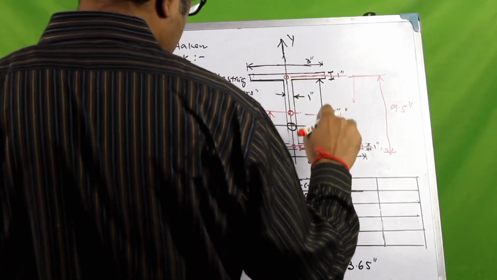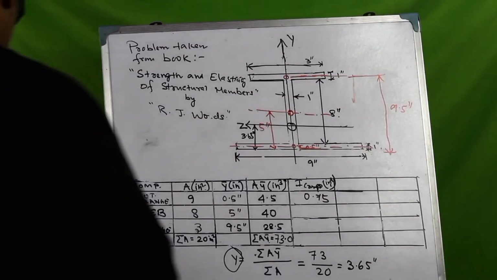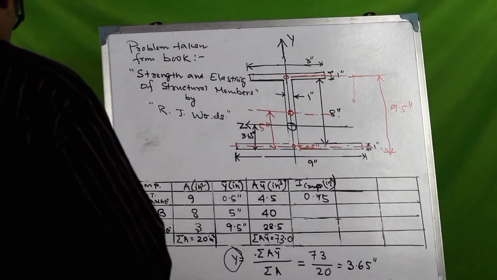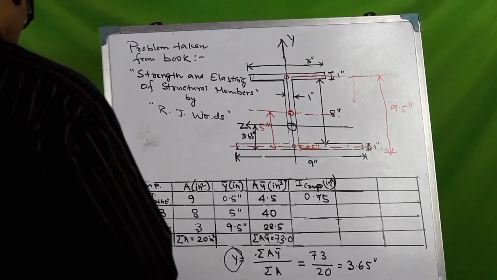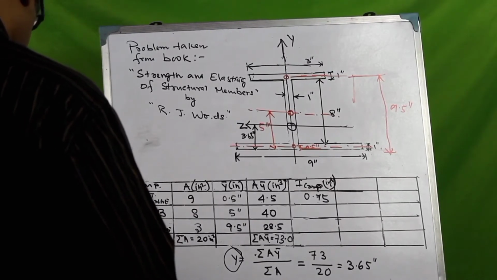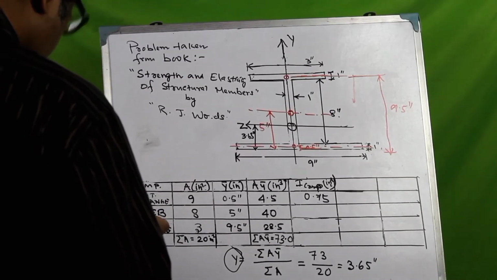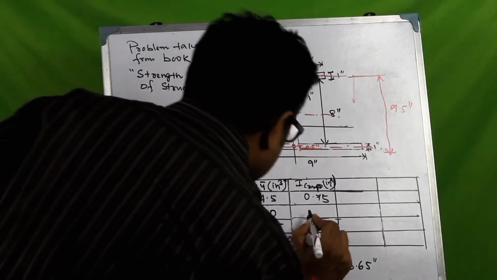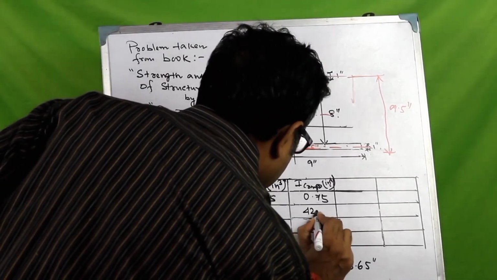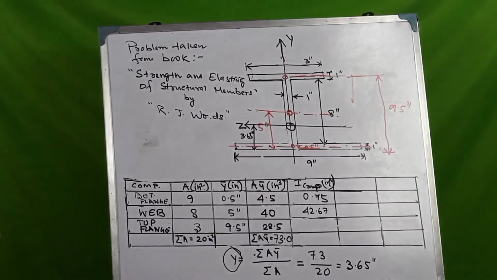So 1 into 8 cubed by 12. So 8 cubed by 12 would come as 42.67. So we have 42.67 inch to the power 4.